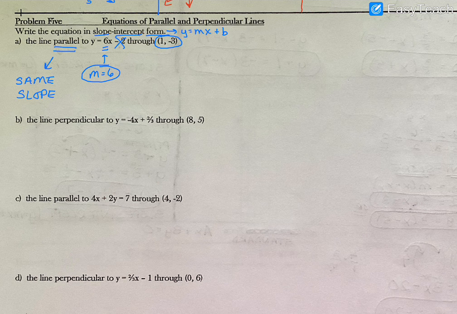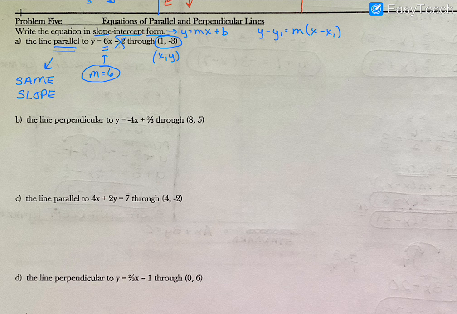So we're going to use the slope of the parallel line, 6, and then the point (1, negative 3). Remember, an ordered pair is (x, y). And we're going to write our equation using that point and that slope, which is one of the skills we did on the front side of the notes if you want to flip back and look. Again, I'm going to teach us to start with point-slope. I'll write it out here. y minus y1 equals m times x minus x1.